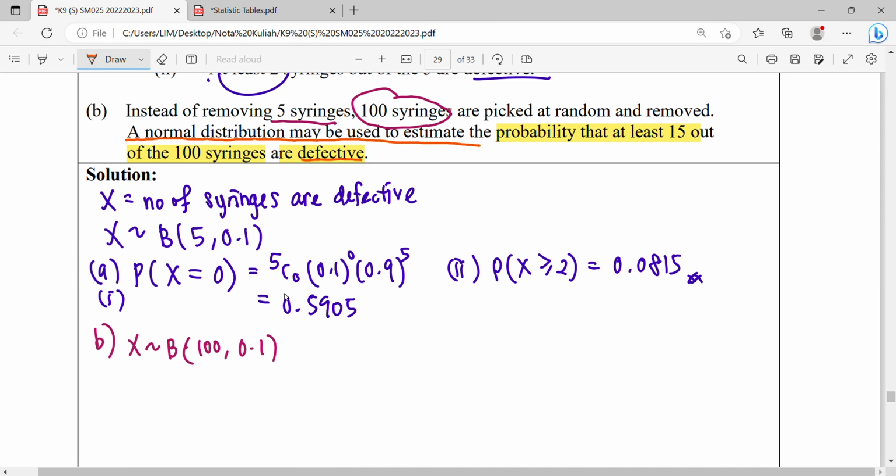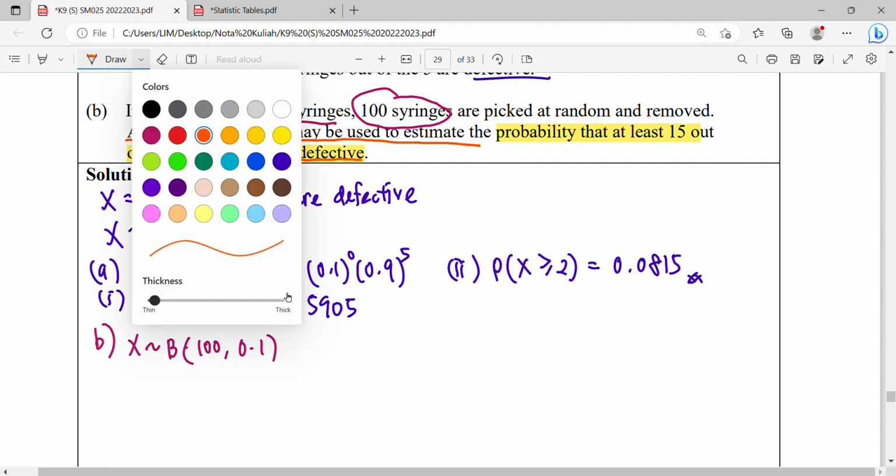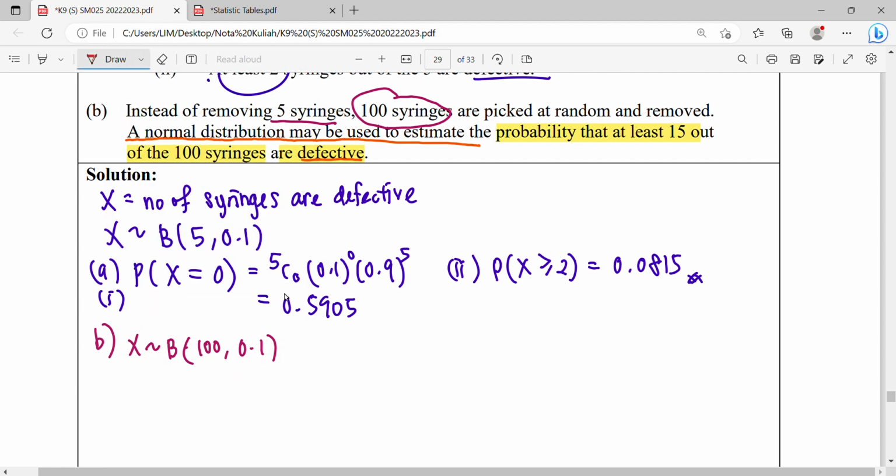Why do we change to normal? The first condition: n is 100, which is already more than 50. This condition is fulfilled. Secondly, what's the condition?